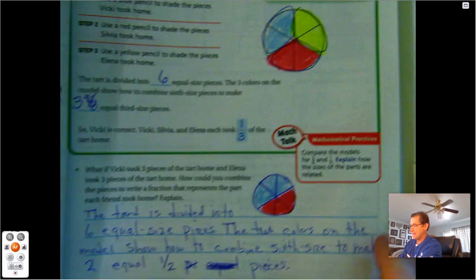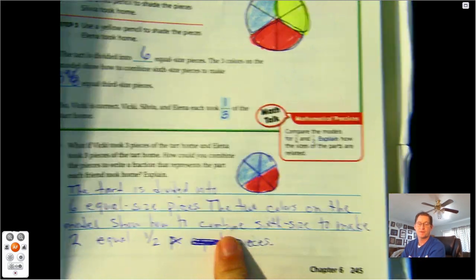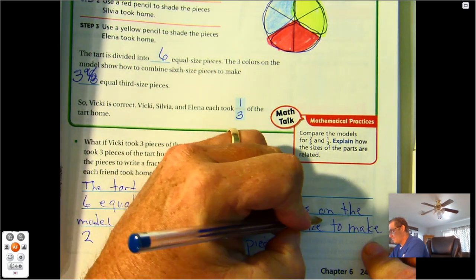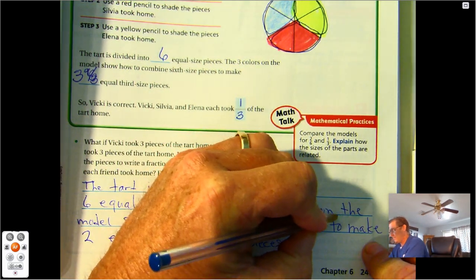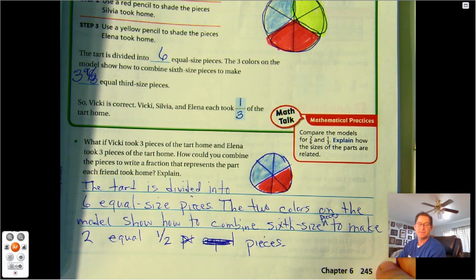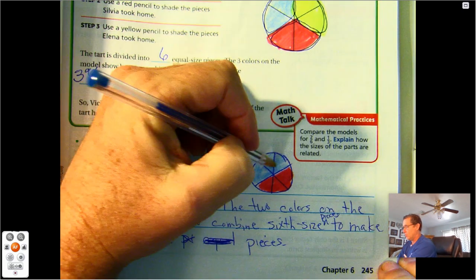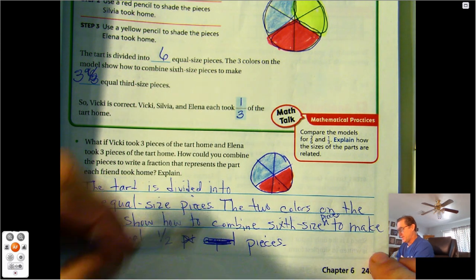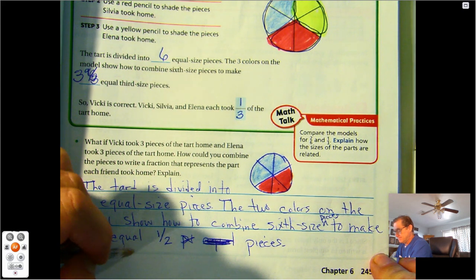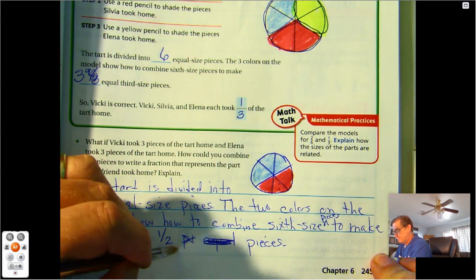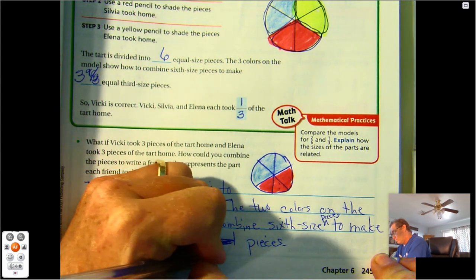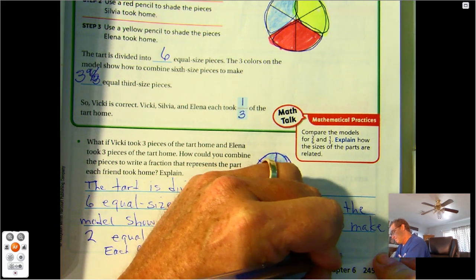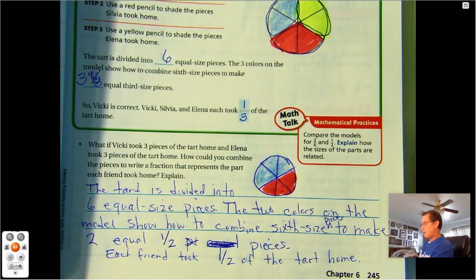This time the 2 colors on the model show how to combine sixth size pieces to make 2 equal 1/2 pieces. So each friend took one half of the tart home. All right. Okay, so let's move on to page 246.